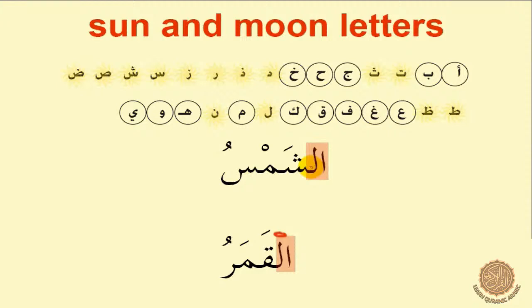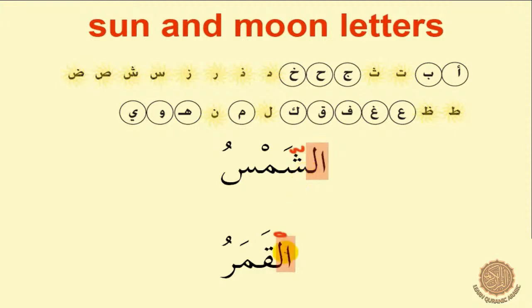And what happens instead is the Lam is pronounced as a Sheen. So there's actually a shadda here. So it's Ash-Shams, not Al-Shams. Because notice when you say Al-Shams, it's not smooth. Rather than Ash-Shams, which flows and is nicer to hear.